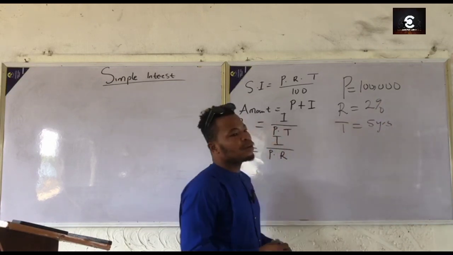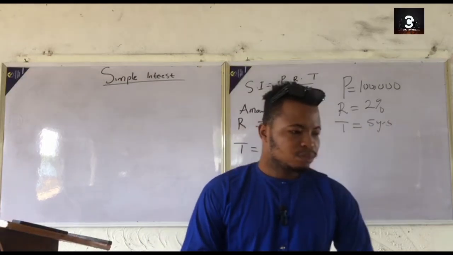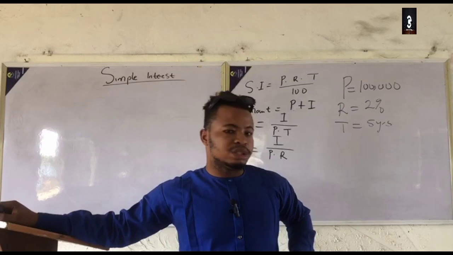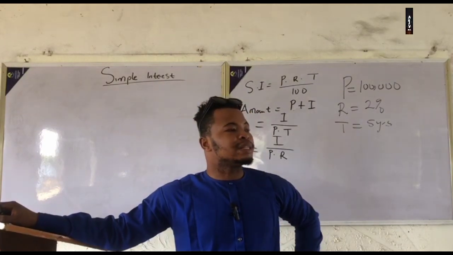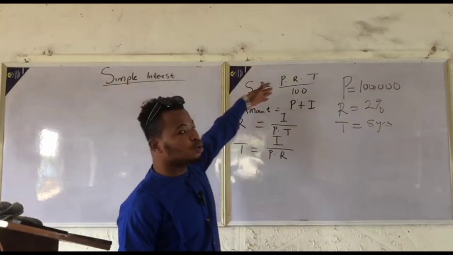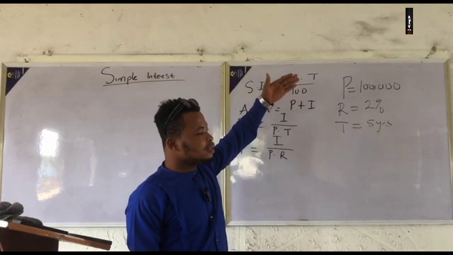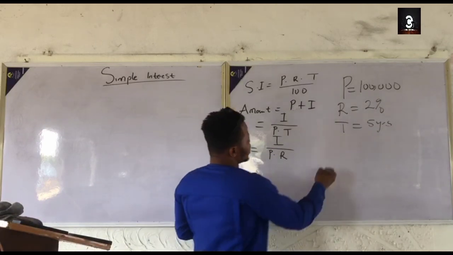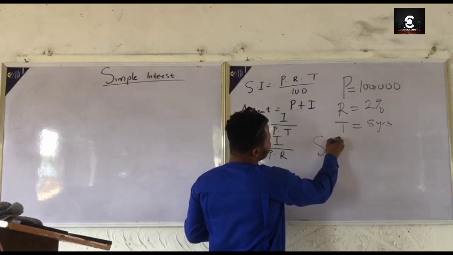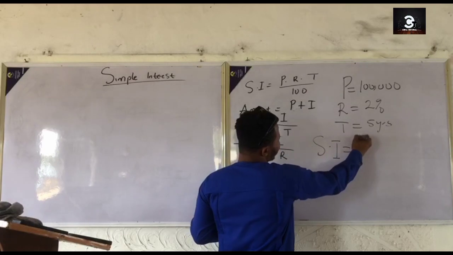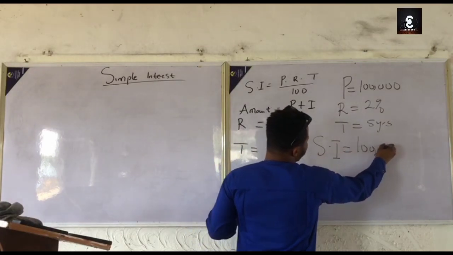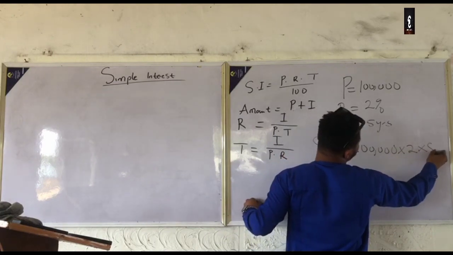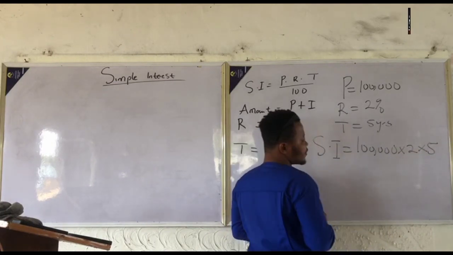So what interest is the person expected to pay on this sum? Using the formula on the board, simple interest is principal times rate times the time period. Substituting, I borrowed 100,000, I am paying interest of 2%, and I am going to repay this sum in 5 years.